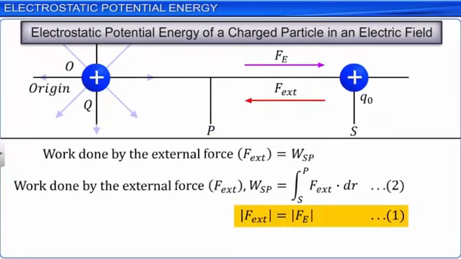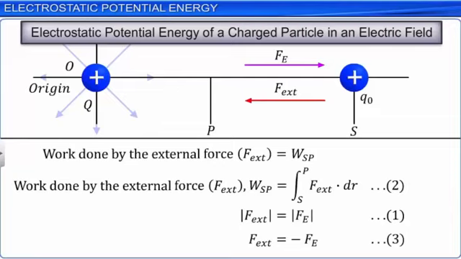From equation 1, we know that the magnitude of the external force F is equal to the magnitude of force Fe due to the electric field. But the direction of the electrostatic force Fe is opposite to that of the external force F. Therefore, we can say that external force F is equal to minus Fe. Let this be equation 3.